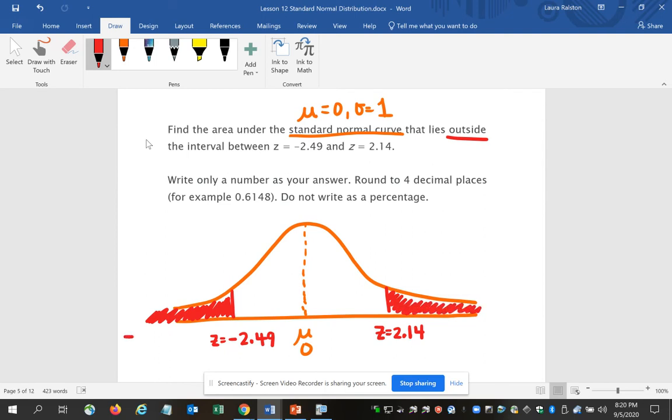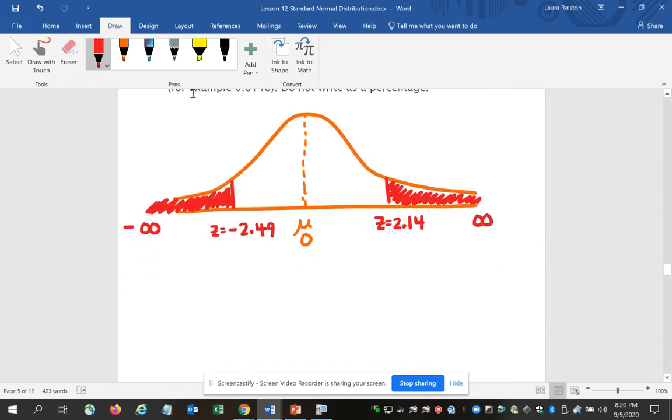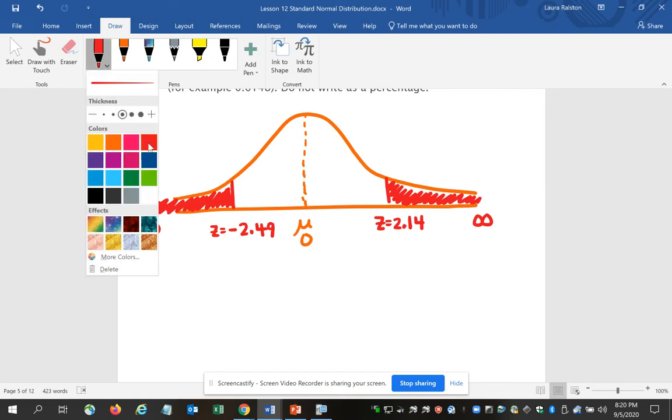The one on the left continues to the left to negative infinity. The one on the right continues to positive infinity. Because of the outside, you have two different regions, so this is the case where you have to add the two regions together.